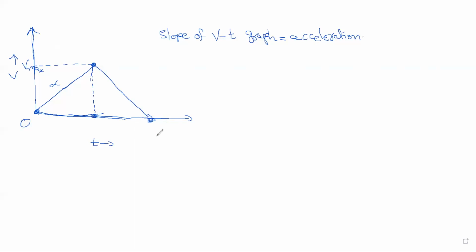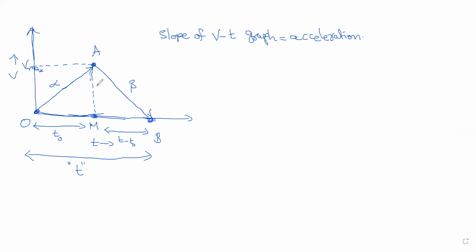Let us say this is O, B, and OB is the total time, T. Up to this point M, OM, it has taken T naught time, and this time is T minus T naught. So it went with an acceleration alpha to the top and it came down with a deceleration beta.